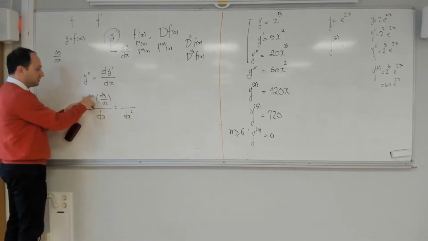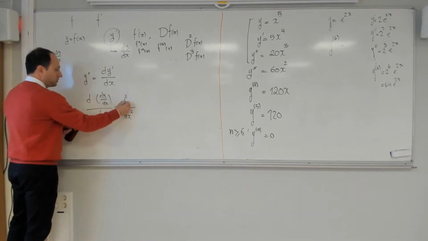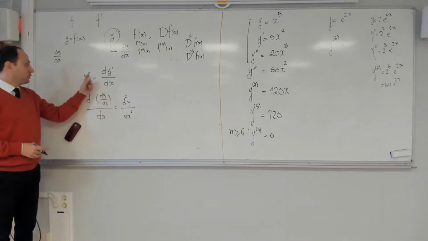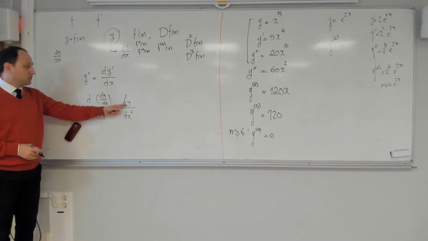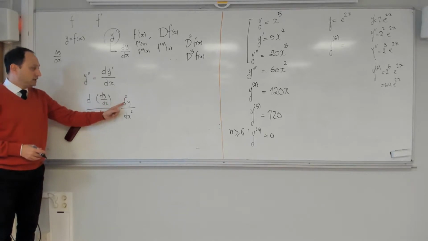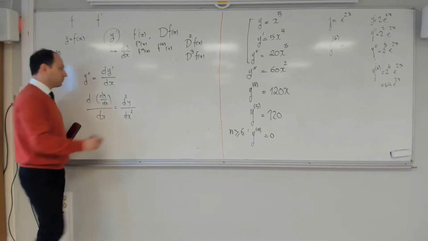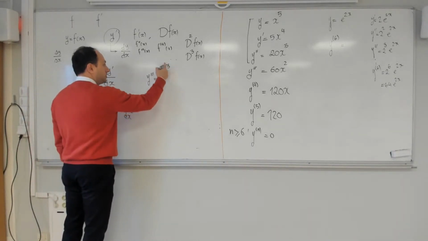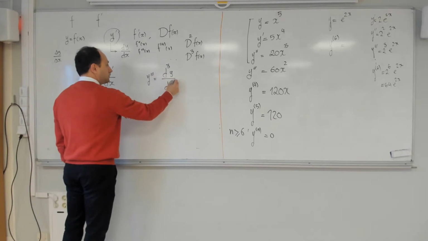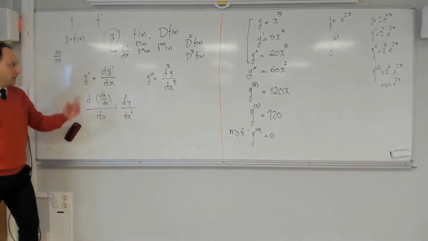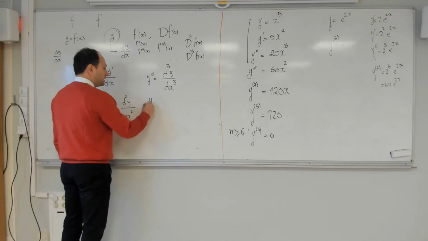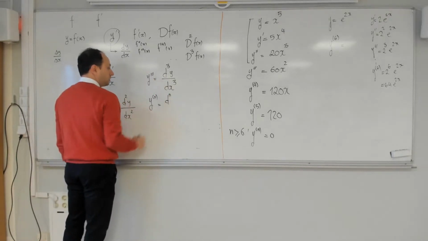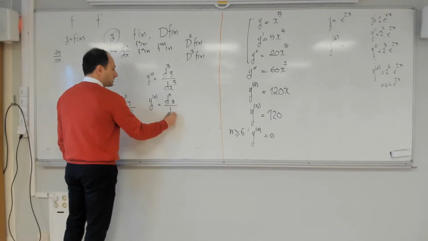And then this is the derivative of another derivative, so it becomes the second derivative. So if you want to express y double prime in Leibniz notation, you need to put a 2 here and a 2 here. If I want to write y triple prime in Leibniz notation, then it becomes the third derivative of y with respect to x, with a 3 here and a 3 there. So that's the way that we use it. In general, this notation in Leibniz notation becomes d^n y over dx^n.